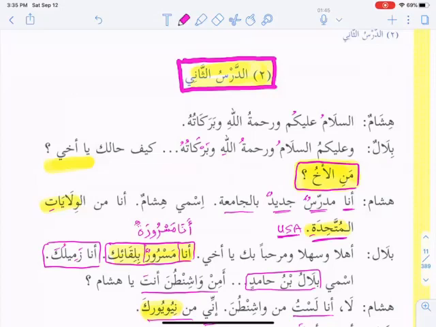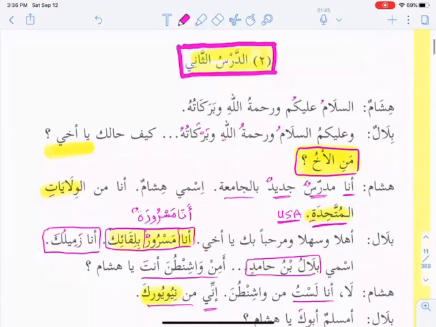The brother will say ana masrurun, but the sister will say ana masruratun bilikaika. I am happy, pleased to meet you, inshallah. Ana zamiluka. Ana is mubtada, zamilu is khabar, wa huwa mudaf, and ka mudaf ilayhi. I am your colleague. I am also a teacher.